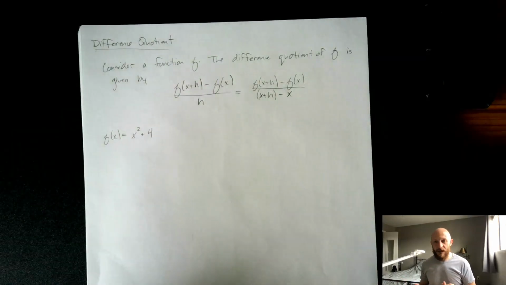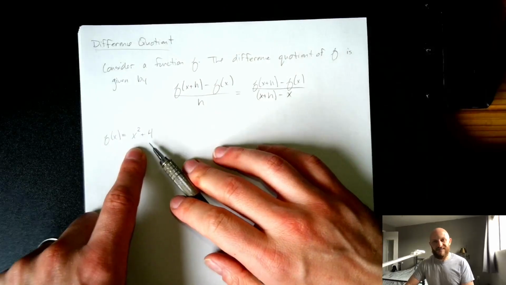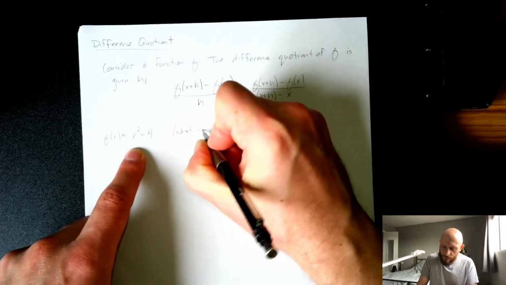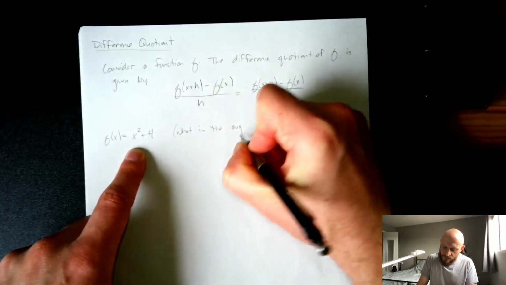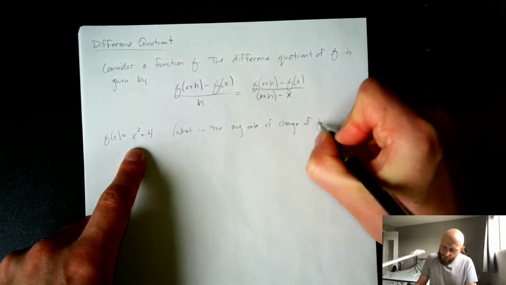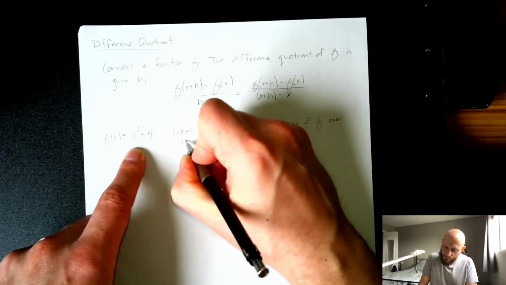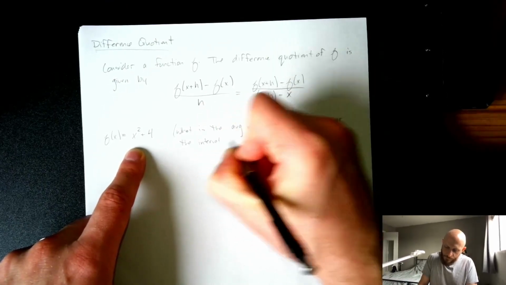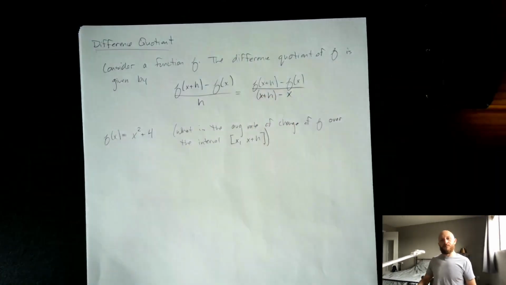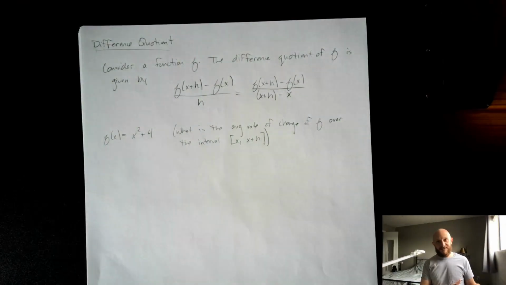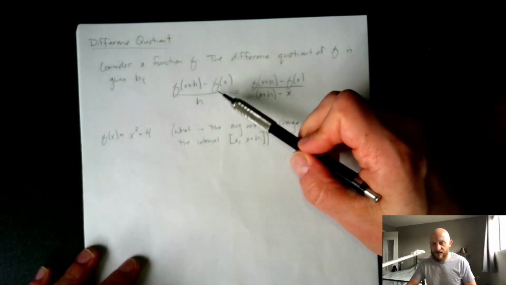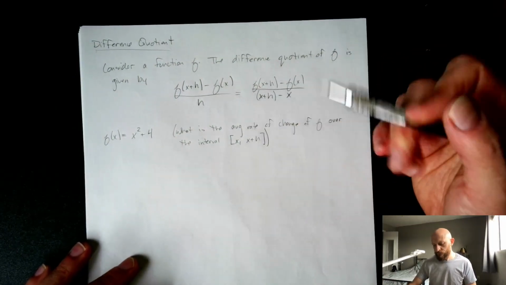Well, if I ask you for the difference quotient of this, it's actually the equivalent of me saying, what is the average rate of change of f over the interval from x to x plus h. So again, just tying it back to what we already did. This is really just a new way of asking the exact same question, but we have this nice formula that we can just plug things into.